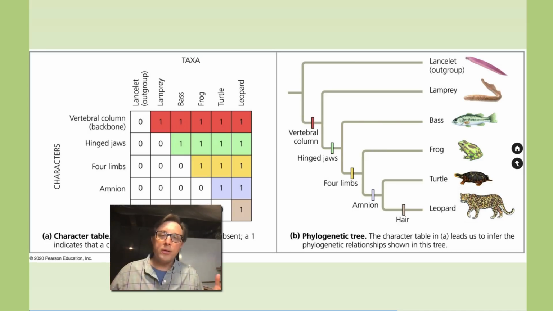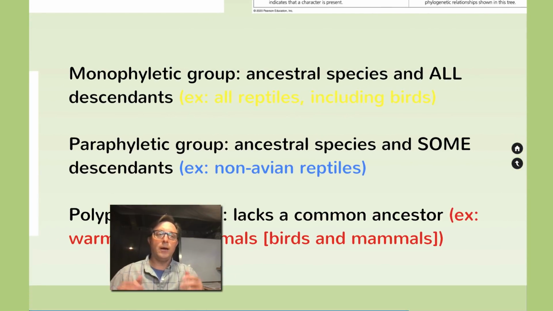A very important consideration when we're putting organisms together in groups is that the group, or the clade, is evolutionarily valid. An evolutionarily valid clade must be monophyletic, and that means that it contains the ancestor and everything that descended from it.